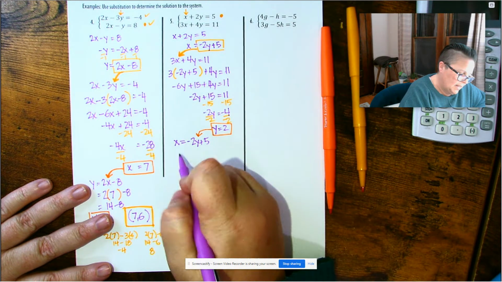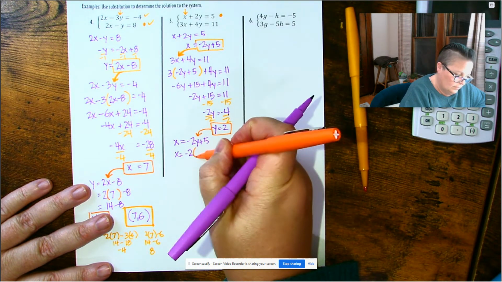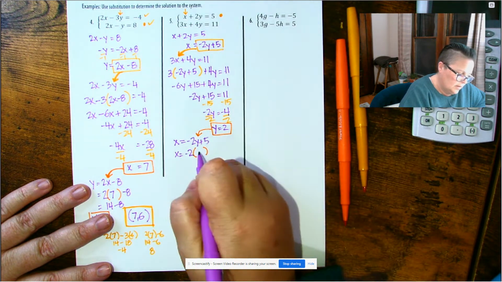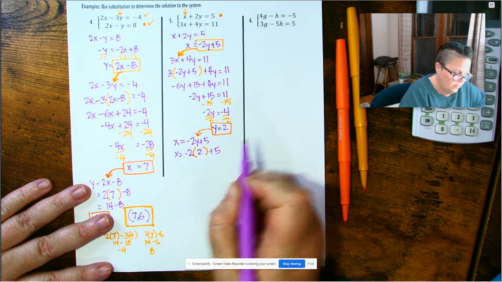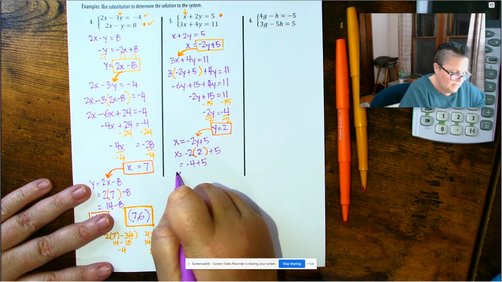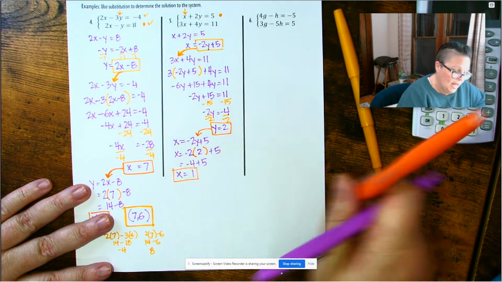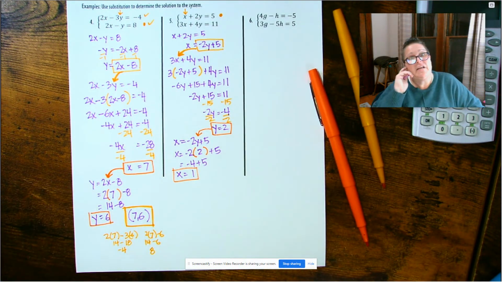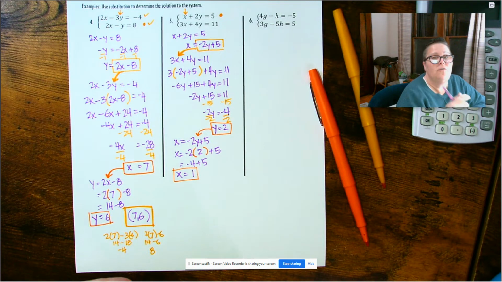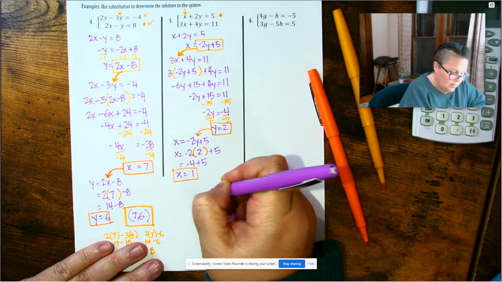So now I'm going to have x is equal to a negative 2 times 2 plus 5, or negative 4 plus 5, which means x would be a 1. I think my solution, my single point of intersection for these two lines, would be the point (1, 2).